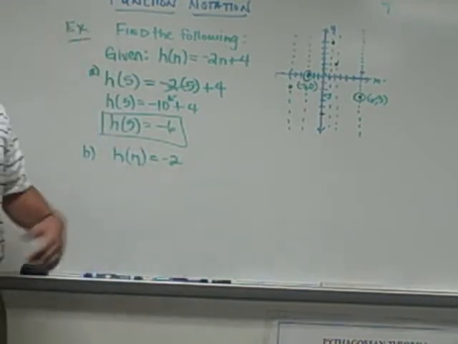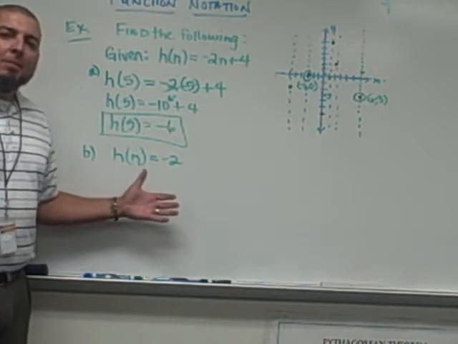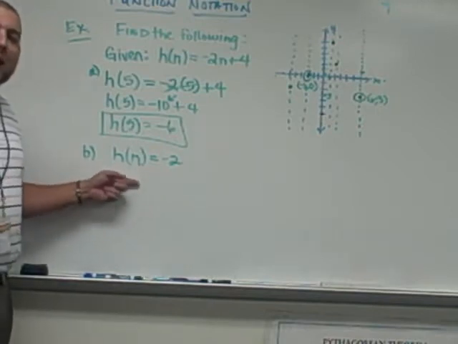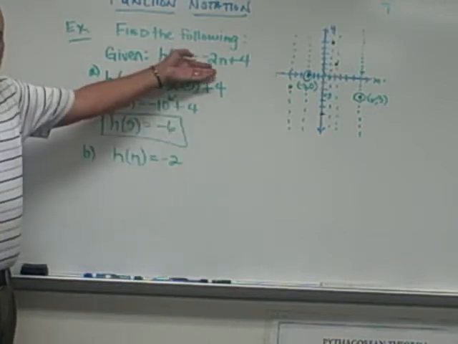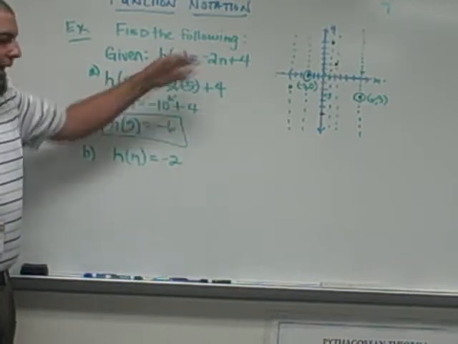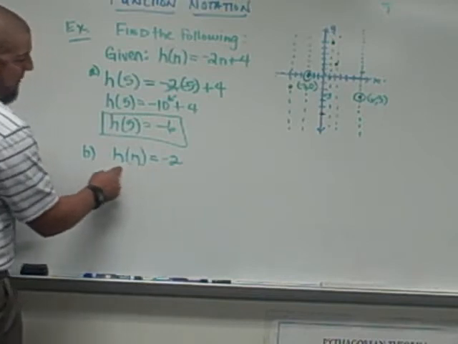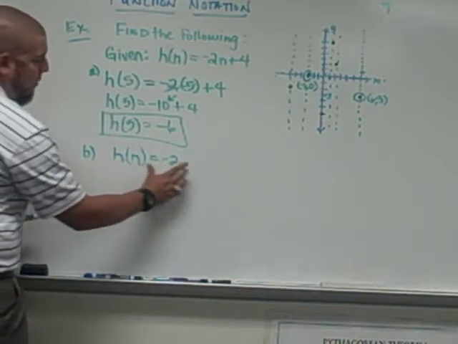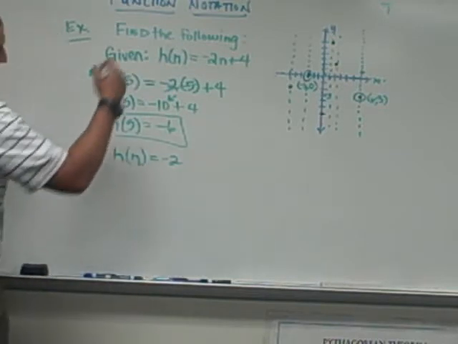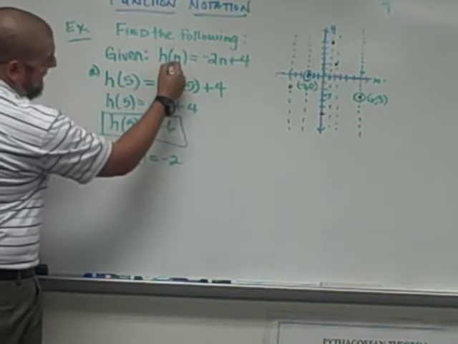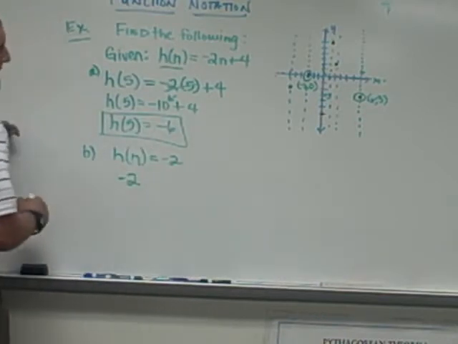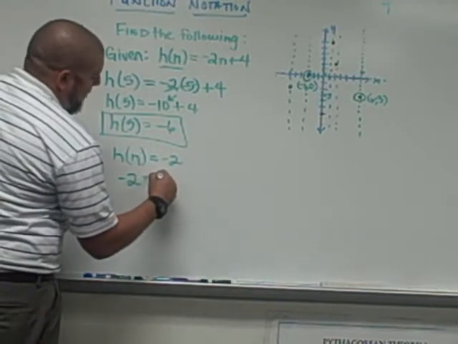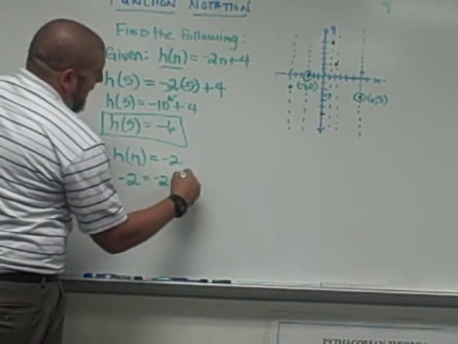Okay, again, what value is it telling me I have? It's telling me I have the y value, or the h of n value. So how would I plug that into this function? Well, wherever there's an h of n, I can replace the h of n with a negative 2. So, if I take this h of n here, and I say, okay, I know that's negative 2, I can put that there. I know negative 2 equals negative 2n plus 4.